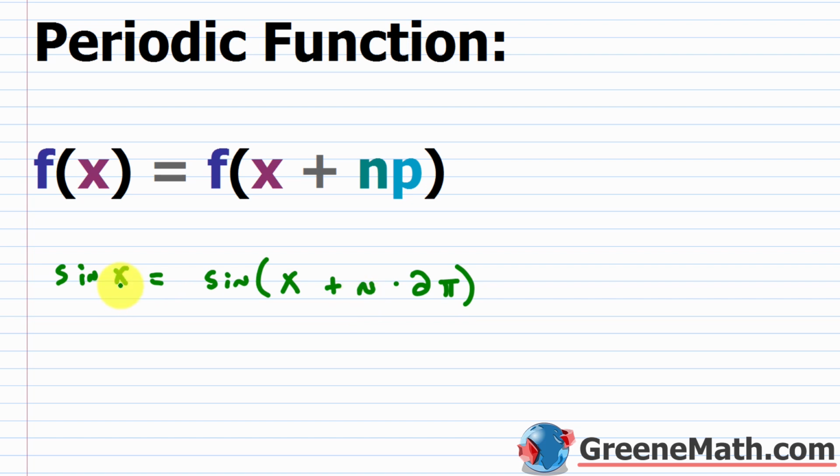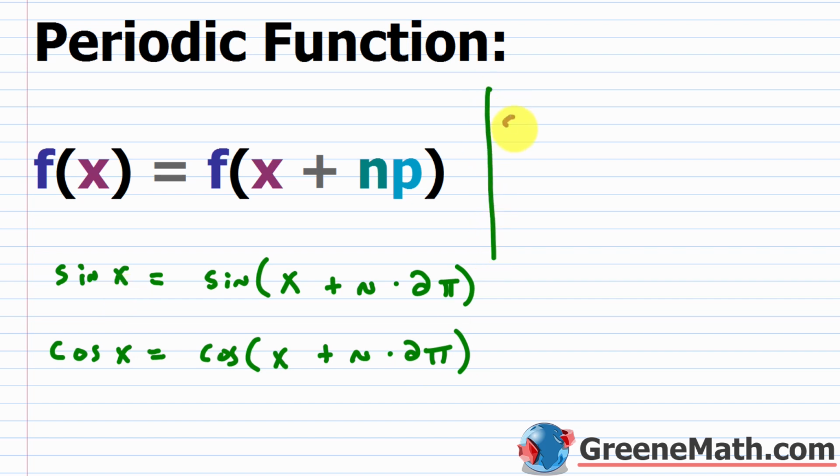We're going to use this not only in this section, but also when we solve trigonometric equations. So then we could say the cosine of x is equal to the cosine of your same value for x, plus your n times your 2 pi. In our example, we saw that the sine of pi over 6 was equal to the sine of pi over 6 again, and then what we did was we added just 2 pi.